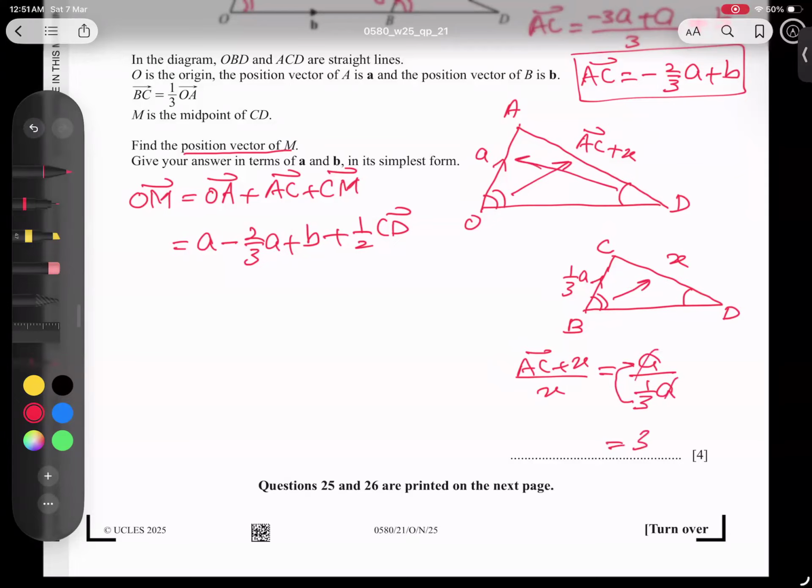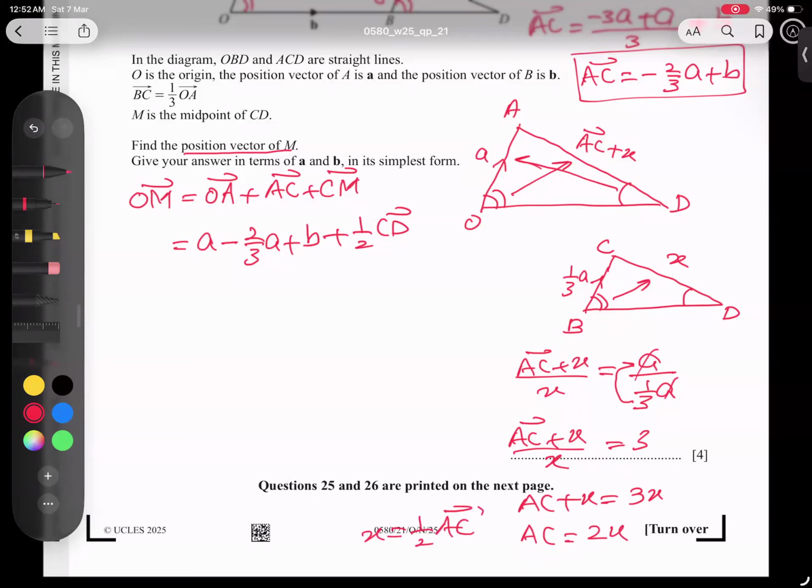We get a 3 from here, and AC plus X over X. X multiplies there, so AC plus X is equal to 3X. X will subtract, X will subtract, and I can say here AC is equal to 2X. And this divides, so we got X is equal to half AC, sorry.